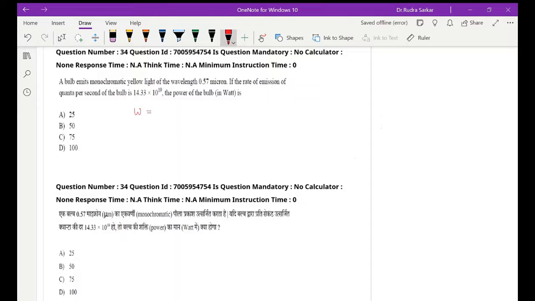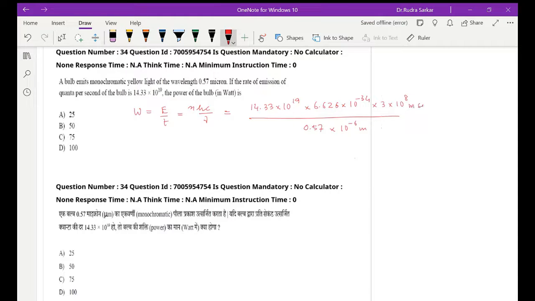Over here, watt is E by T. So this, in per second, will be hc by lambda into N. What is N over here? 14.33 into 10 to the power 19, into 6.626 into 10 to the power minus 34, into the velocity of light, and this whole thing is divided by 0.57 into 10 to the power minus 6 meter.